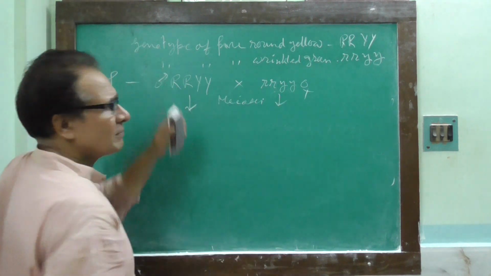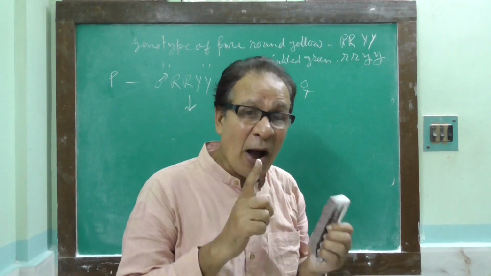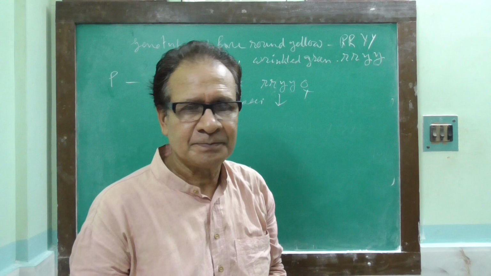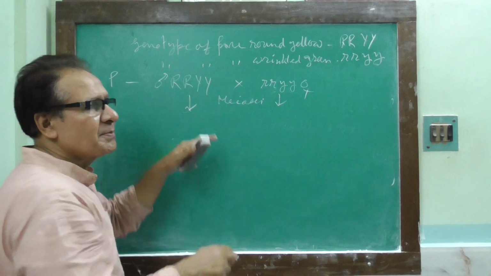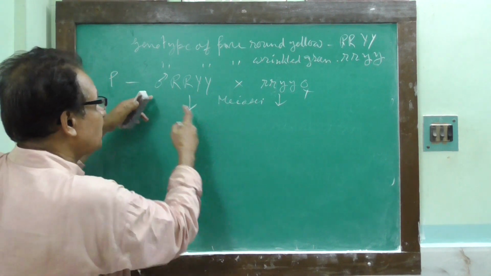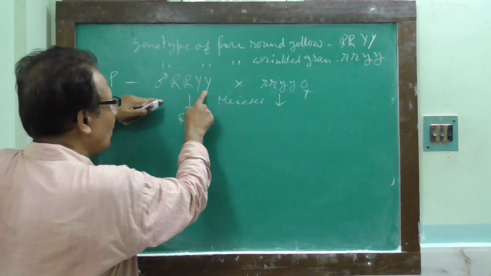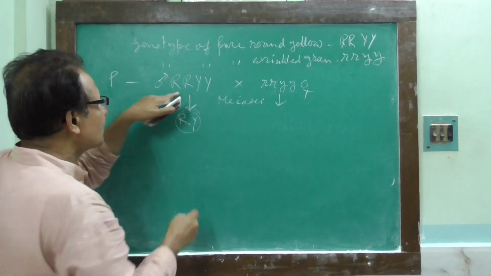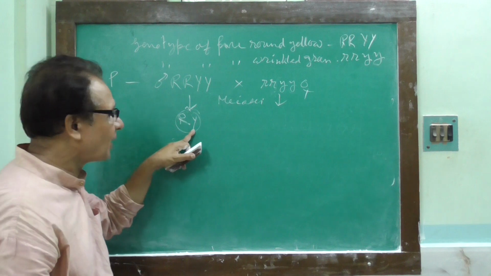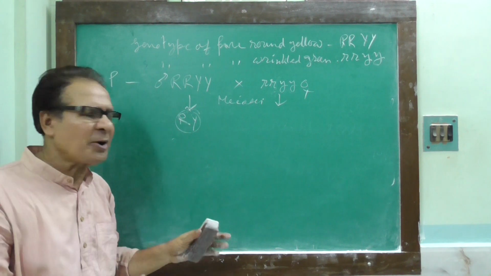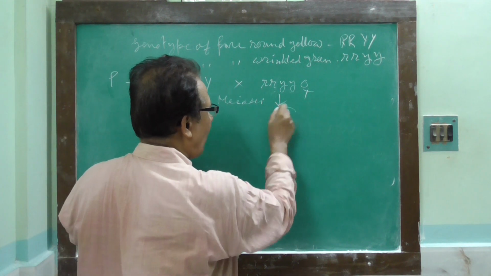During gamete formation, each gamete receives one chromosome from each pair. So here two pairs of chromosomes are present. A gamete receives one chromosome from each, that is from capital R, from capital Y. Since these are the similar type of chromosomes, only capital R, capital Y type of gametes are formed. All the gametes are capital R, capital Y type. Similarly, small r, small y.